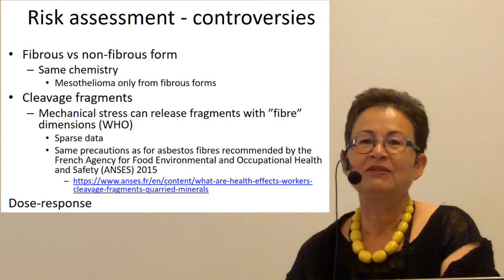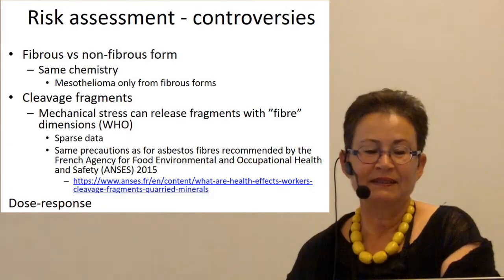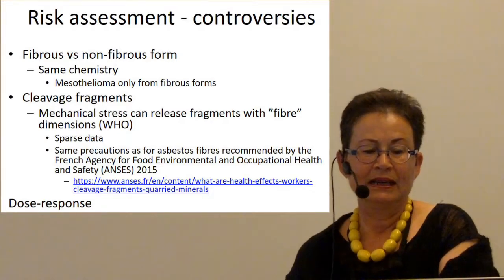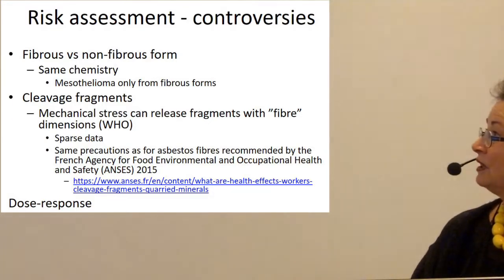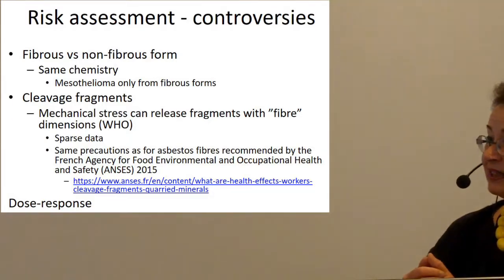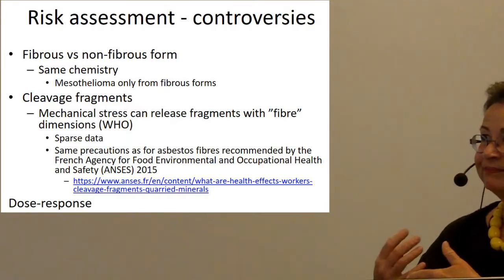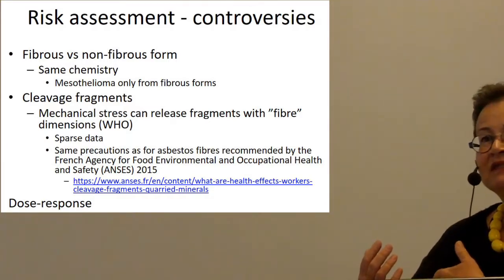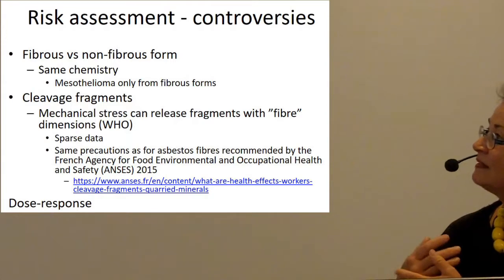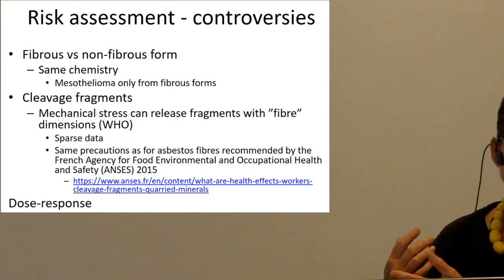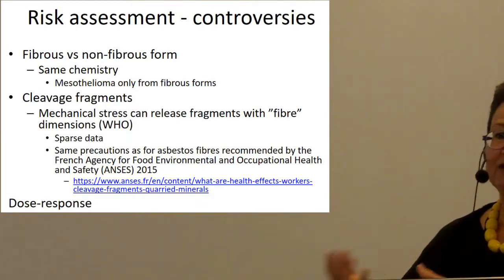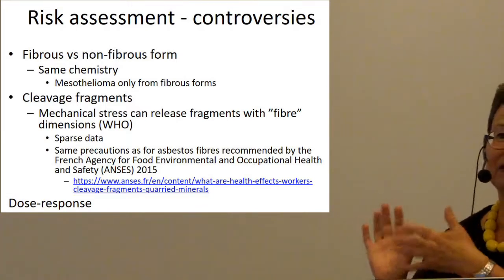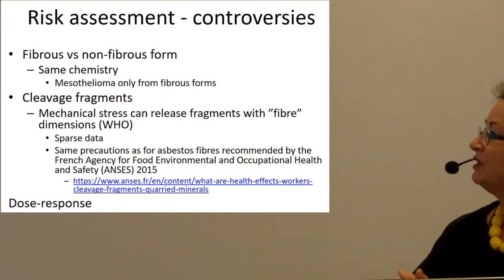And experimental data say that some of these fibers which are naturally occurring as contaminants are more aggressive or have the same risk as those that are mined commercially, for instance, if you compare with amosite, while others appear to give less of an effect.